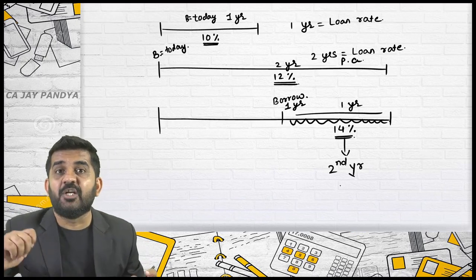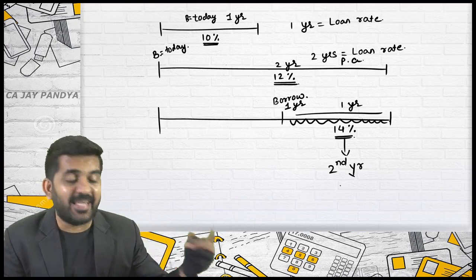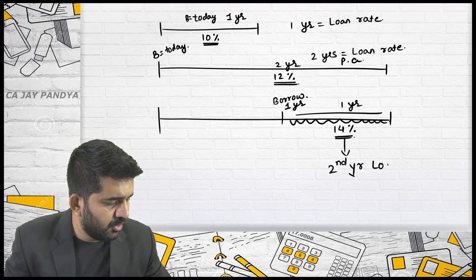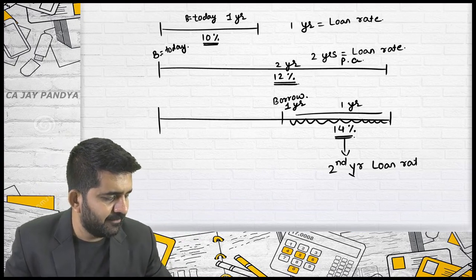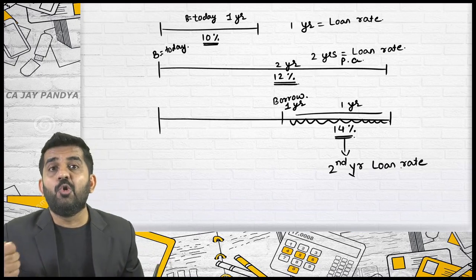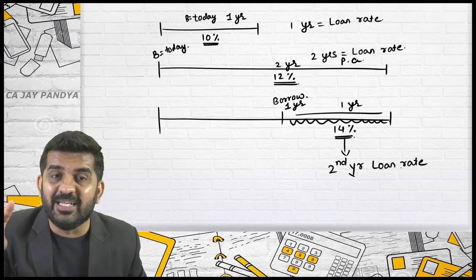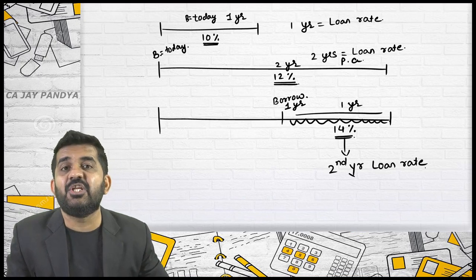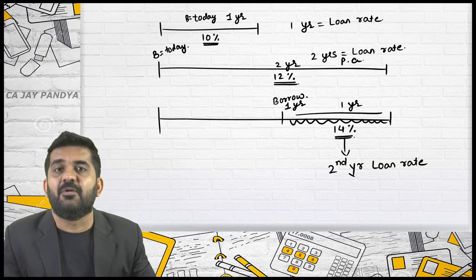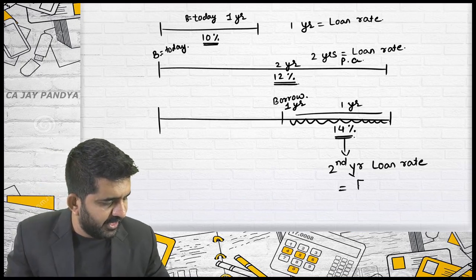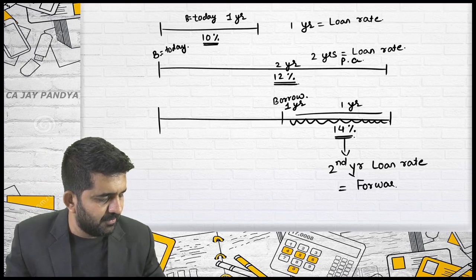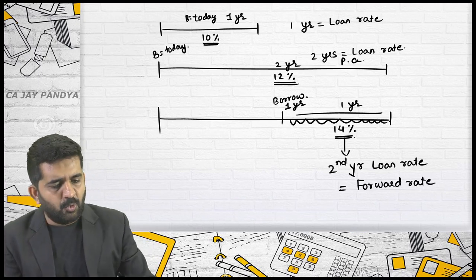I am not talking 2 years. Second year's loan rate. If you want a loan in second year only, then second year loan rate will be applicable, which is 14%, and this is nothing but forward rate. Try to concentrate.